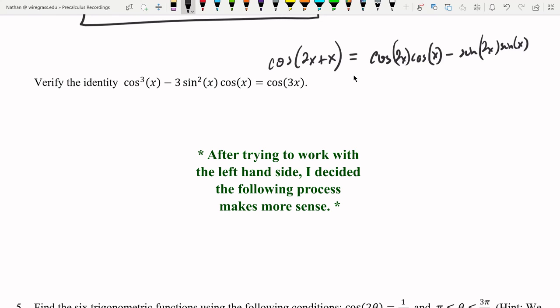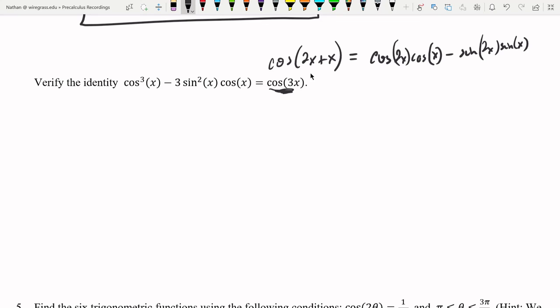Okay, for this one, I'm going to look at expanding the right-hand side. Instead of working with the left-hand side, I'm going to expand the right-hand side and see if that makes it a little bit easier. So I'm going to use this idea: 3x is the same thing as 2x plus x. So I can expand it like this. Once again, when I do that, I'm looking to get this side as a result.